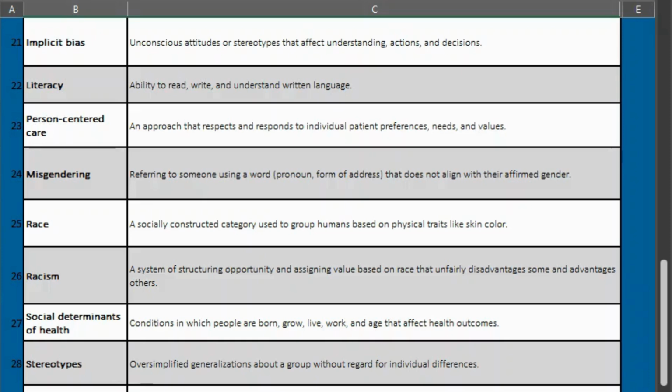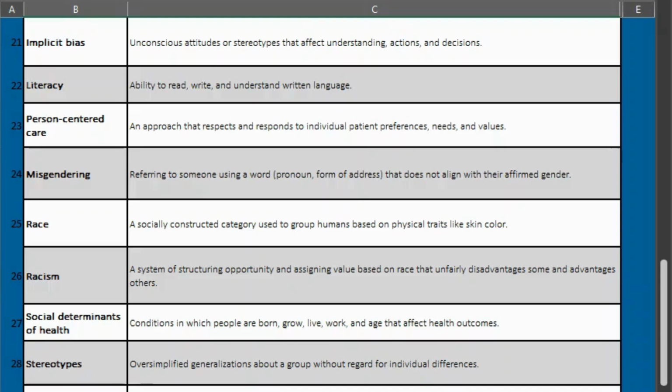Race: a socially constructed category used to group humans based on physical traits like skin color. Recognize that race is not a biologic predictor but can signal social determinants.